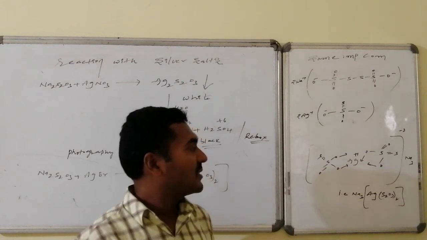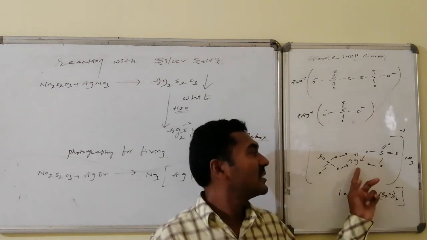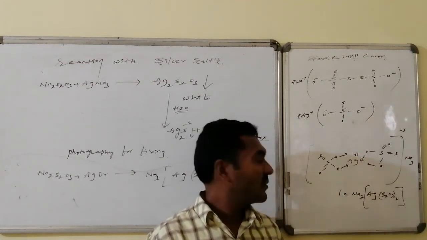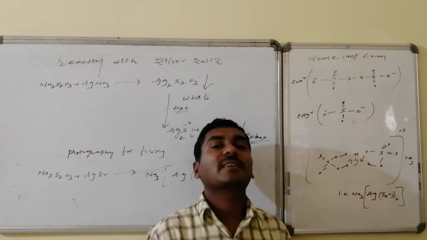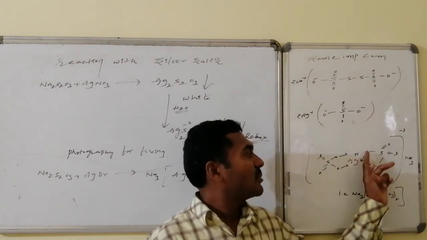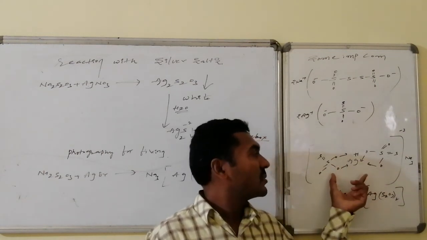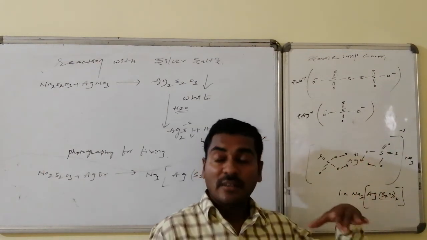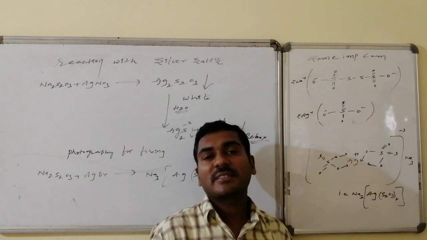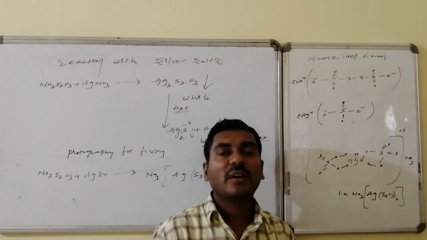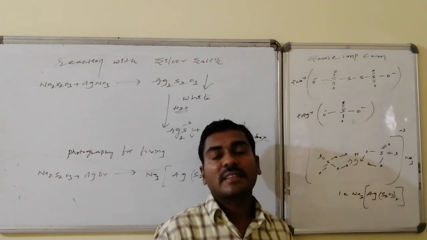Next is sodium silver dithiosulfate, in which silver forms a complex with thiosulfate, and thiosulfate acts as a bidentate ligand through oxygen atoms with charge of -2, thus forming a 5-membered ring, one, two, three, four, five, and a 5-membered ring over here as well. Thus it has a total charge of -3 with silver maintaining +1 as the oxidation state, and it is counterbalanced by three units of positively charged sodium. Thus the structural formula of sodium silver dithiosulfate is Na3[Ag(S2O3)2].